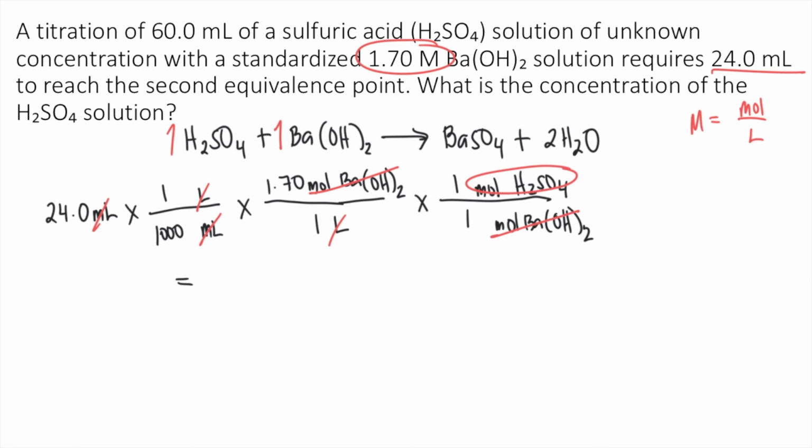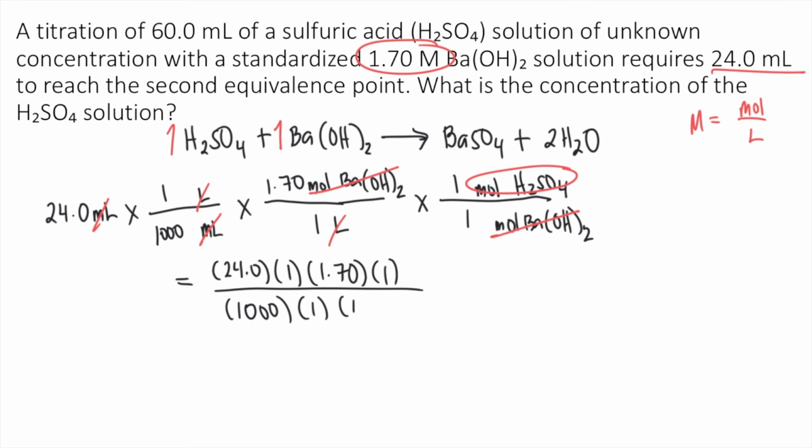What you do is you just multiply all the numbers on top. So that's 24.0 times 1 times 1.70 times 1, divided by all the numbers on the bottom. Multiply them together. 1,000 times 1 times 1.